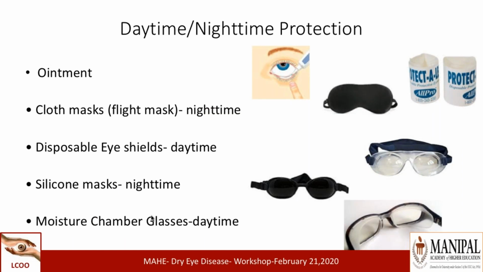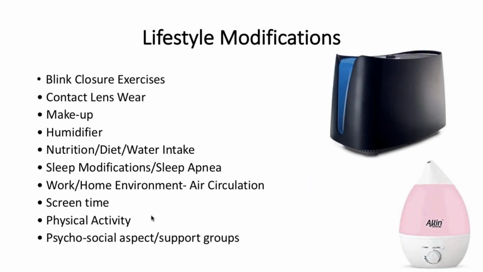At night time, for some of them, you can give them eye goggles with silicone side shields, which are very useful in evaporative dry eye conditions, where they can use the shields or moisture chamber glasses. Some lifestyle modifications: having a humidifier in very highly air-conditioned rooms.